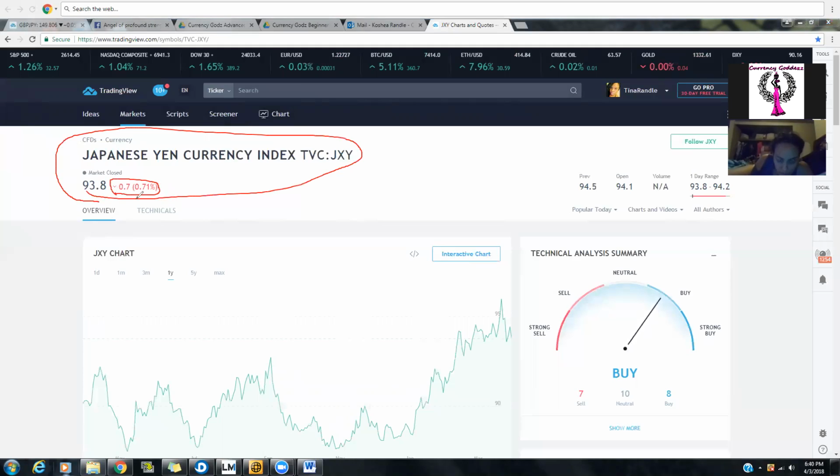Now, you do need to also know when the markets are open and what pairs are within that market. Because as you can see, it's 6:40 right now. And the Japanese market currency, their market, it's closed. So one thing you want to be cautious of if you're trading a pair and one of them is closed, just remember if that market is closed, there's nobody working, there's nobody there to place the orders.